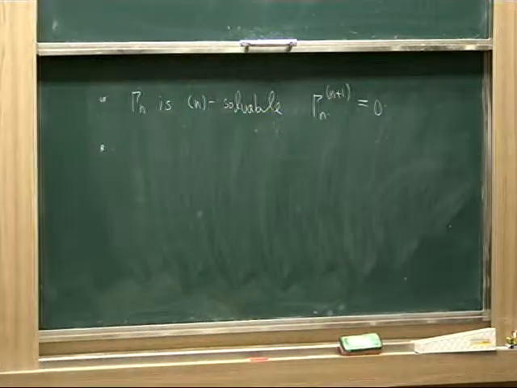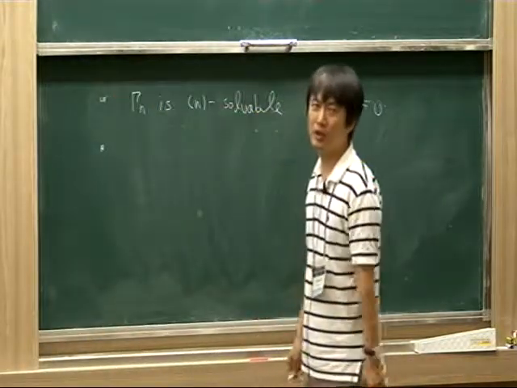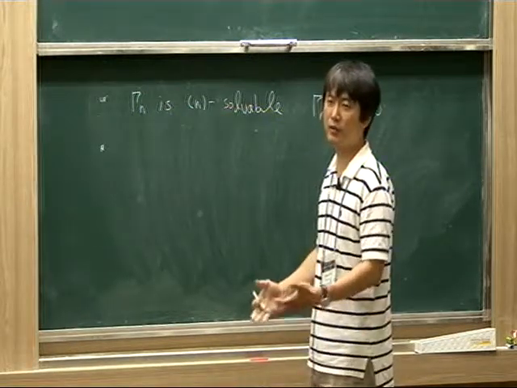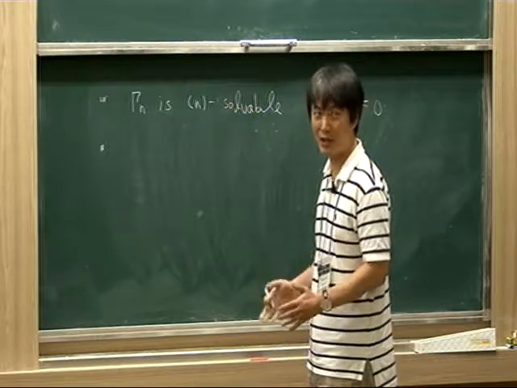And they constructed these homomorphisms, representations Phi, and each Pn is dependent upon the choice of Pn minus 1 and some element in the so-called higher order Alexander module.